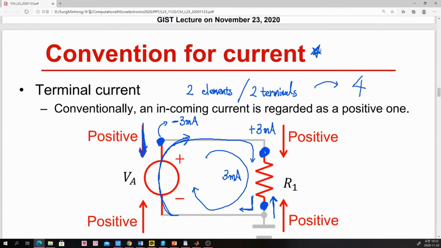So for the lower terminal of our resistor, the terminal current should be minus 3 milliampere. And for the negative terminal of our voltage source, it is aligned with the current direction, so we will have positive 3 milliampere.